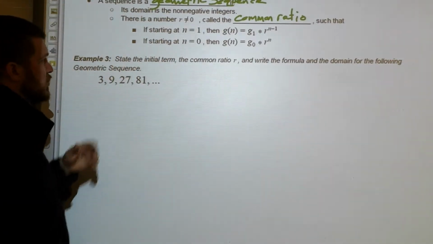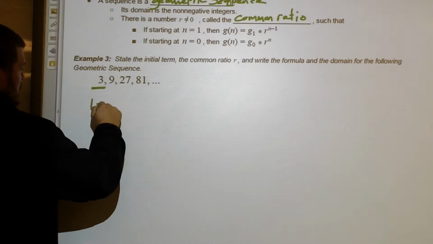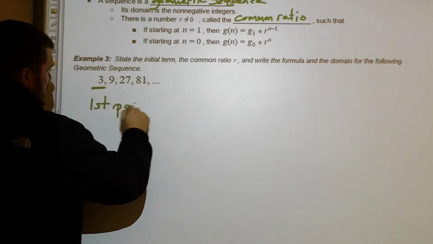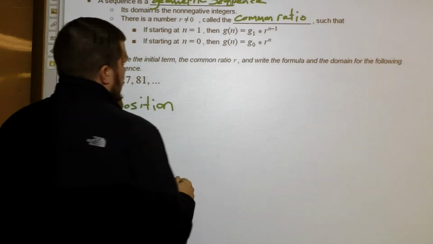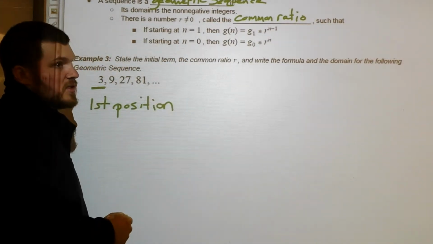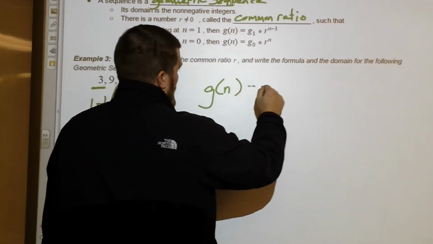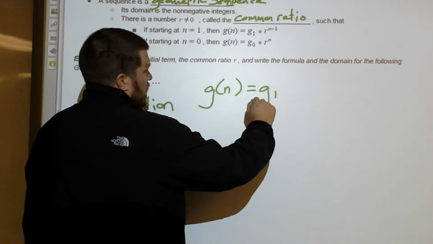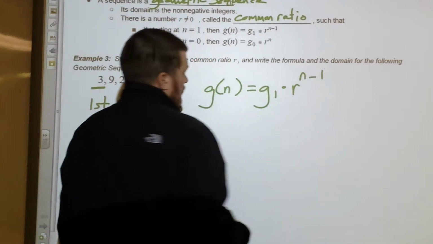We want to start off first with the first position. So I'm going to pretend that this is the first position. If I'm doing the first position, then the geometric sequence is going to use this rule: the first value times r to the n minus 1 power.